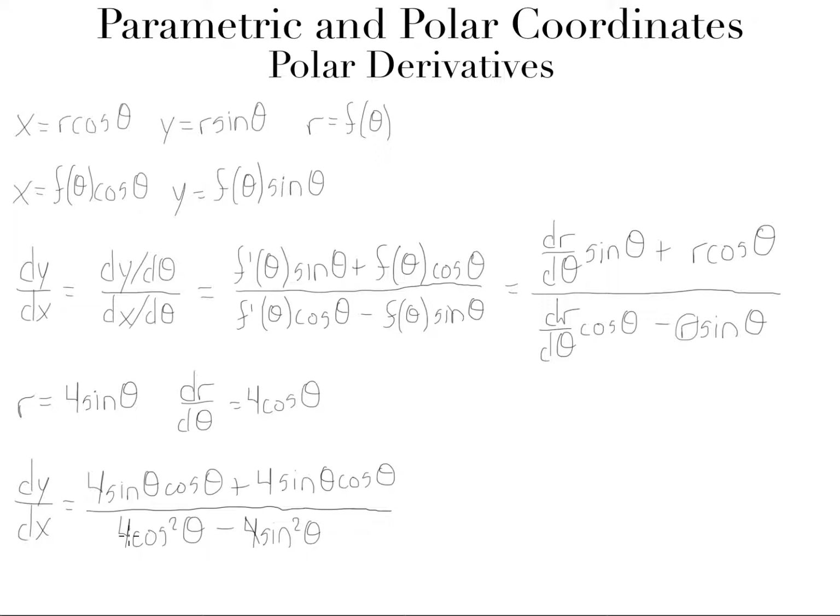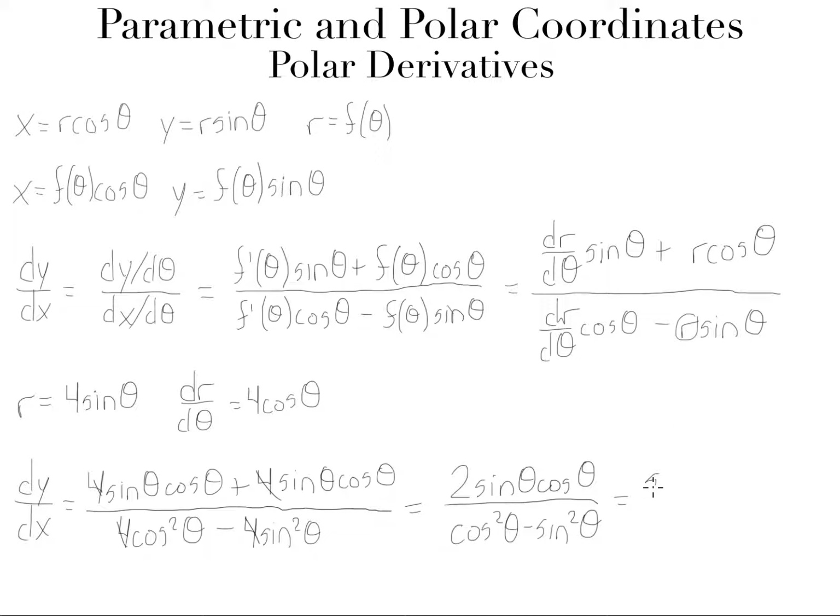where we can just cancel out a 4 in each of these terms. So now we have 2 sine theta cosine theta over cosine squared theta minus sine squared theta. But now you should note that we can simplify this further by using the double angle identities for both sine and cosine.